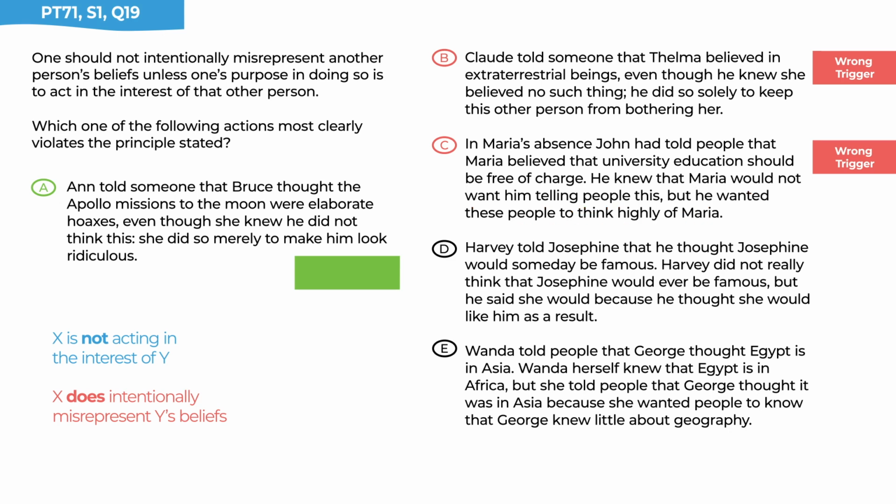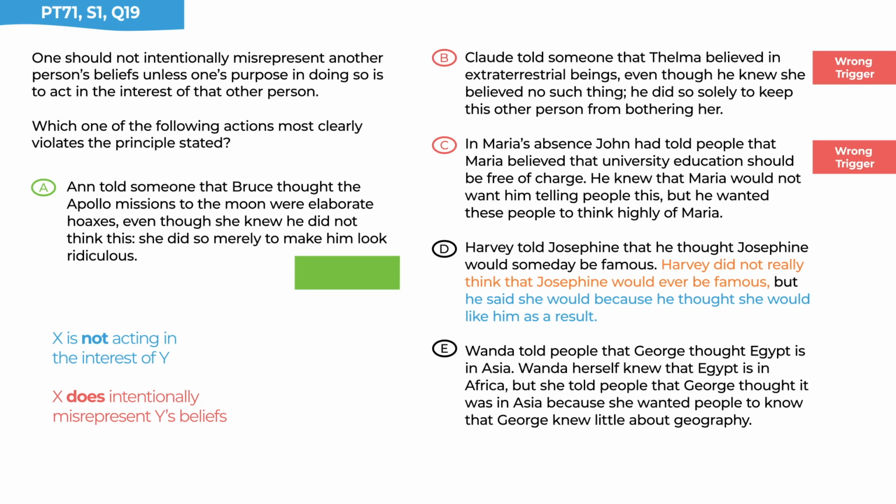When it comes to D, what are the motivations of Harvey? He said what he said because he thought she would like him as a result. All right, so Harvey is saying something not in the interest of somebody else, but in his own selfish interest. He's not acting in the interest of Josephine. Does he intentionally misrepresent Josephine's beliefs?